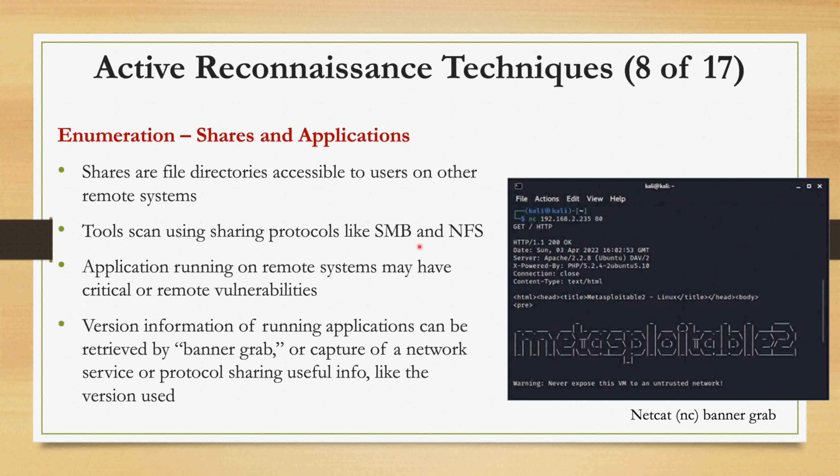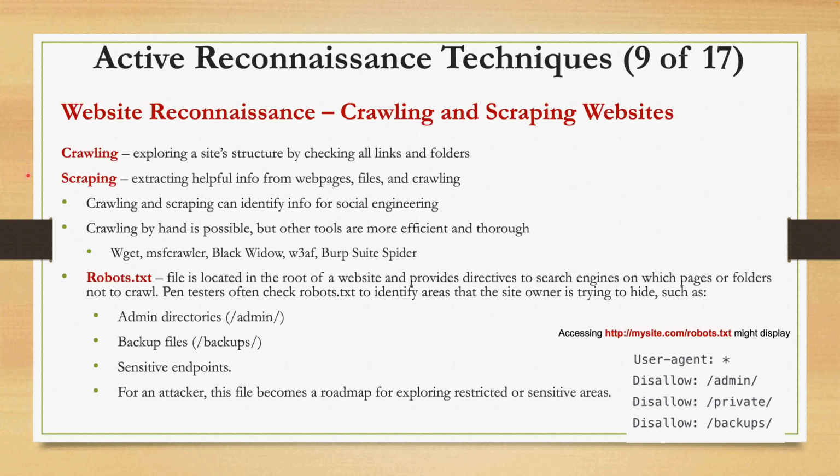Like I mentioned, when I look at the application versions, it helps me see if this version matches vulnerabilities for this version number over here. And obviously, you're going to start planning exploits and see if you can exploit these vulnerabilities.